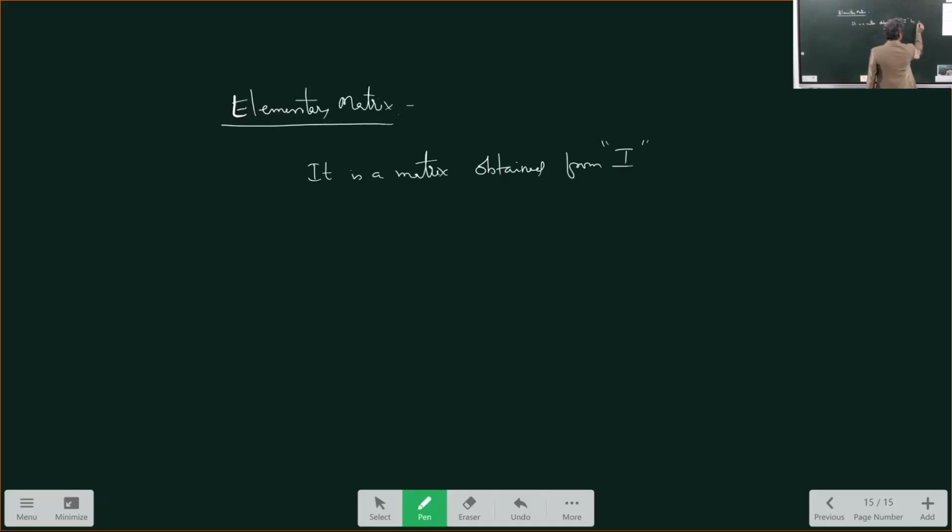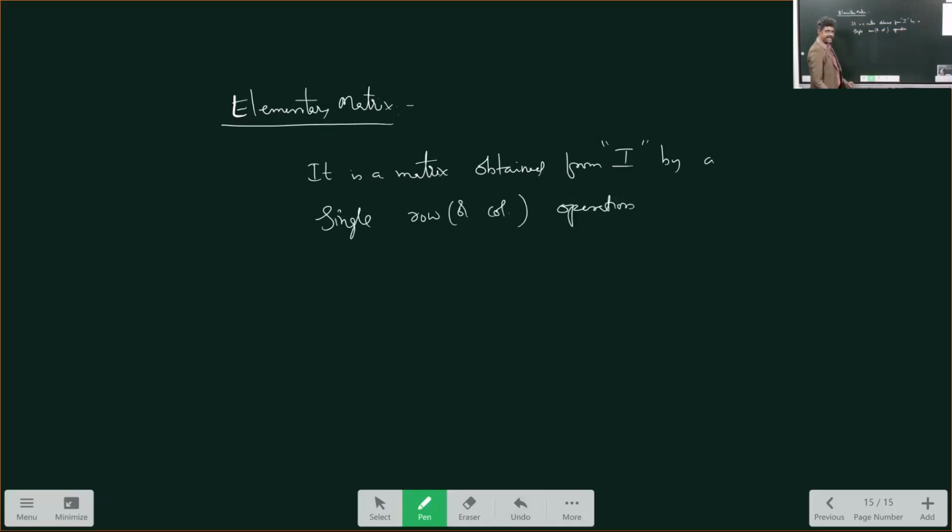So I spoke about this one. It says it is a matrix obtained from the identity matrix I by a single row or column operation.